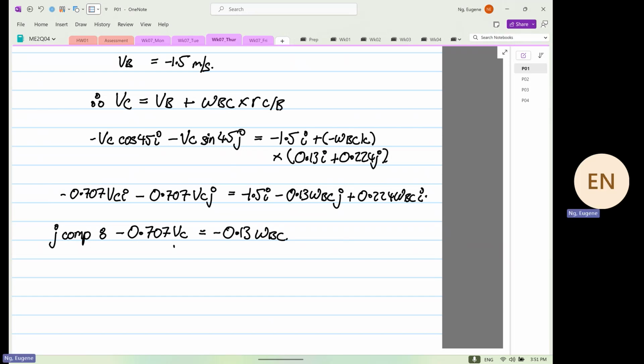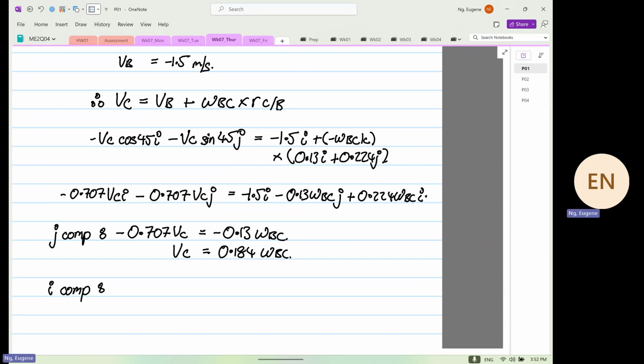So from here, you know that VC is equal to 0.13 divided by 0.707, which is 0.184 omega BC. Let me try it again: 0.13 divided by 0.707. Yeah. Okay. Then from here, we can find our I component.